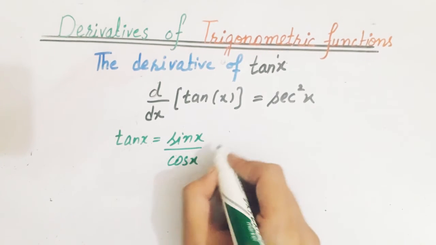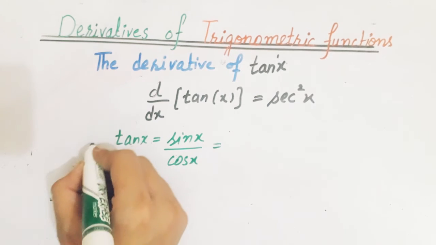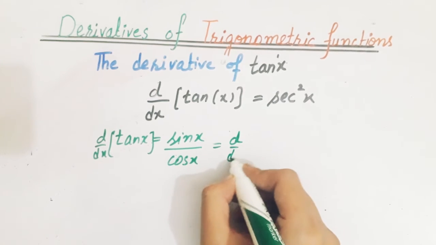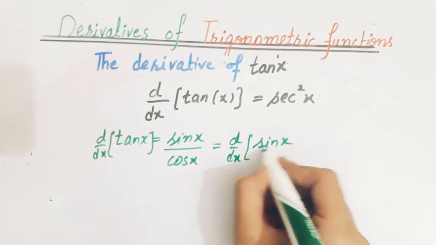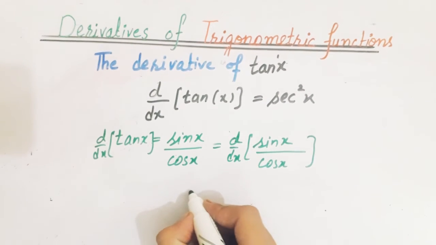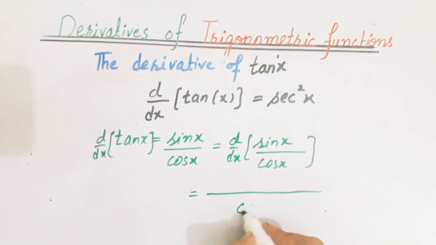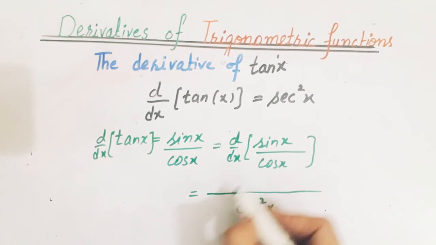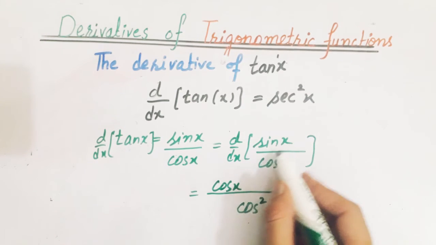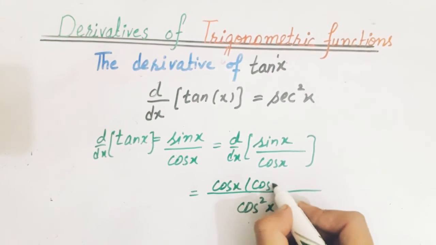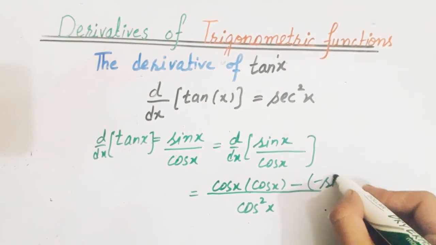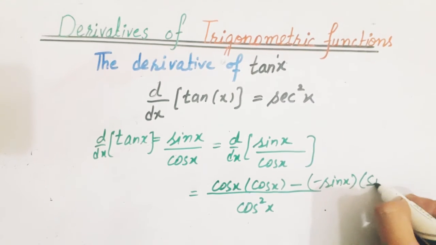According to the quotient rule, when we find d by dx of sin x by cos x, this will be equal to cos square x in the denominator, and in the numerator, cos of x times the derivative of sin x, which is cos x, minus the derivative of the second function cos x, which is minus sin x, times the first function as it is, sin of x.